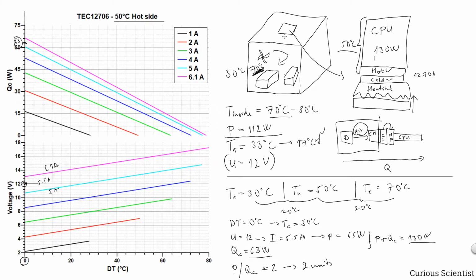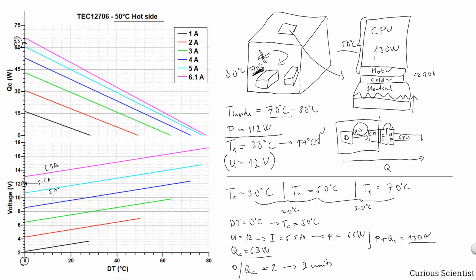If we have 2 of these units, and we assume that the thermal contact between the devices inside the enclosure and the heat sink attached to the cold side of this unit is good, then by 2 units we should be able to maintain 50 degrees inside the enclosure if these devices are constantly generating less than 112 watts. But this is of course some rough estimation, but I think that this is quite close to the reality.